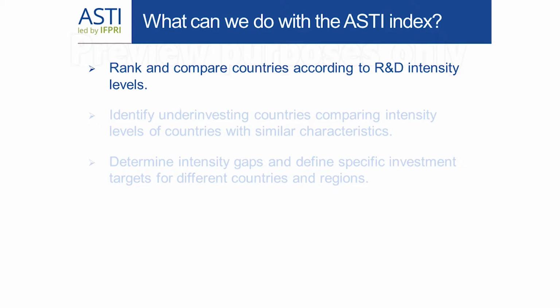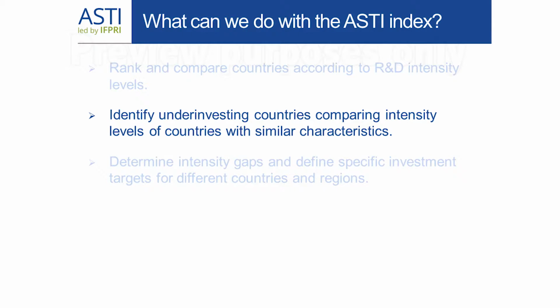So what can we do with the ASTI index? Well, that was the whole point of developing this. We argue that using the ASTI index, you can rank and compare countries according to R&D intensity levels. You can identify underinvesting countries by comparing intensity levels of countries with similar characteristics. That is, our conclusions are based on comparisons.